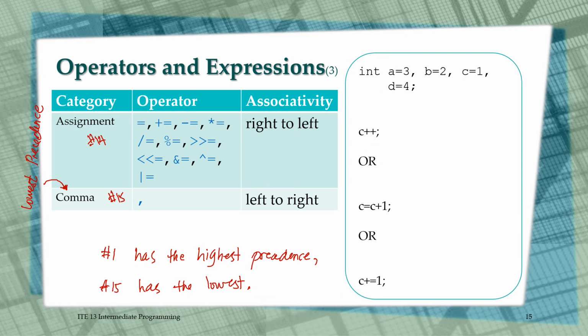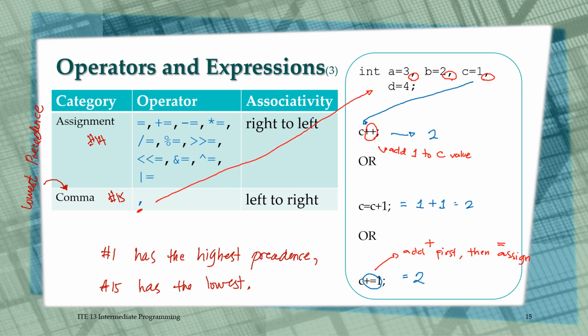Here is our last group in the hierarchy of operators in C, the assignment and the comma group. The assignment group contains all operators in a combination with the assignment operator, like plus equals and times equals. In each pair of operators, the left operator is performed first, then the assignment operator. You may put it this way: with plus equals, for example, it means add first, then assign.